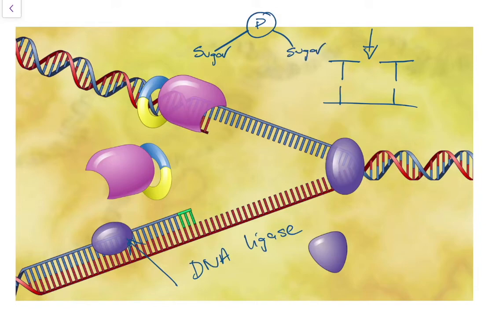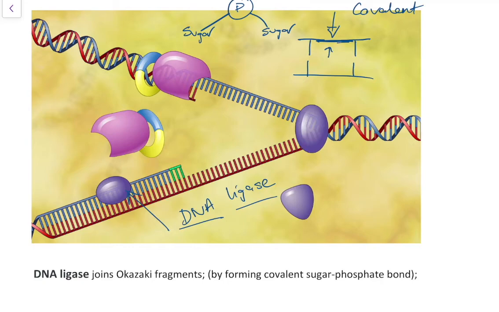So what DNA ligase is doing is making a new sugar phosphate bond, joining it up. That's a covalent bond between the sugar and the phosphate group along the DNA backbone. So we can say that DNA ligase joins the Okazaki fragments by forming covalent sugar phosphate bonds. It's come along and sealed those gaps.